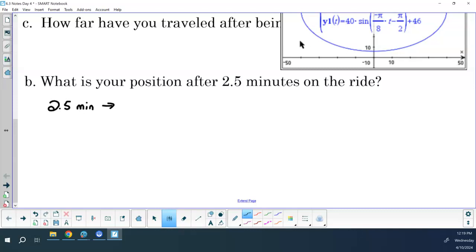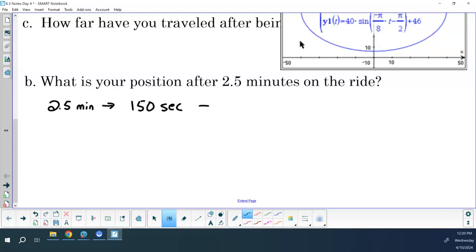It's 150 seconds. How many laps around the Ferris wheel will you go in 150 seconds? Okay, what do we get? 9.375, right?